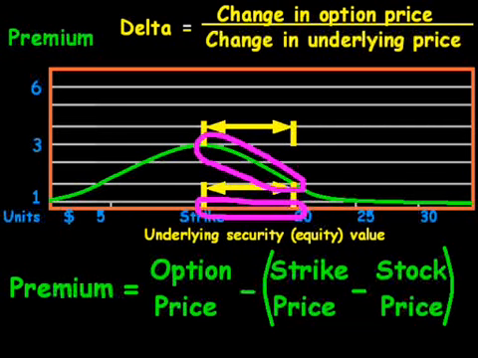Essentially, what delta measures is, as we move on, how much we expect the premium to rise or narrow. Let's say we move from the strike price to the number 20 I have on the graph. How much is the option price supposed to change there? That's what the delta measures.